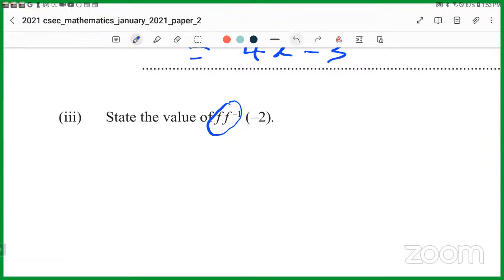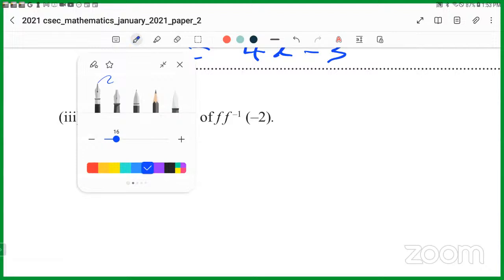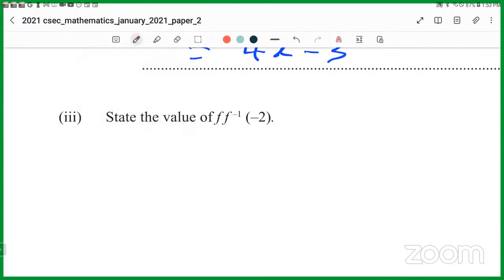Some people will work out this part first and then work out the rest. If they don't know, I told you this in class, it's something that you must know. I put it on the little classwork that we did as well, the WhatsApp work: f to the -1 of f of any number is still equal to that number.